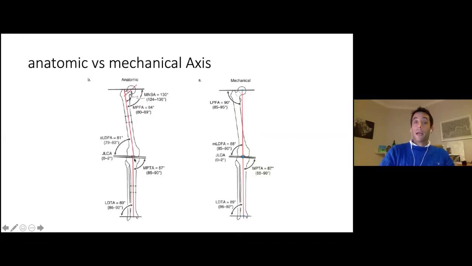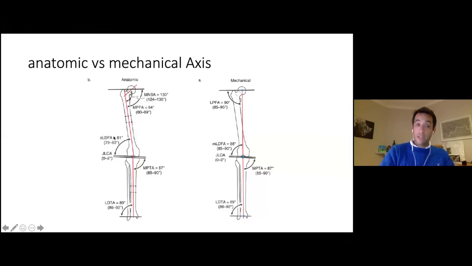and that's your anatomic axis of the bone. Your mechanical axis is taken from the center of the joint above to the center of the joint below. So they are wildly different. An angle formed with the joint at each end of those axes gives you, for example, the lateral distal femoral angle, or your medial proximal tibial angle, and they are prefixed by either an A, because you use the anatomic planning method, or an M, because you use the mechanical method.